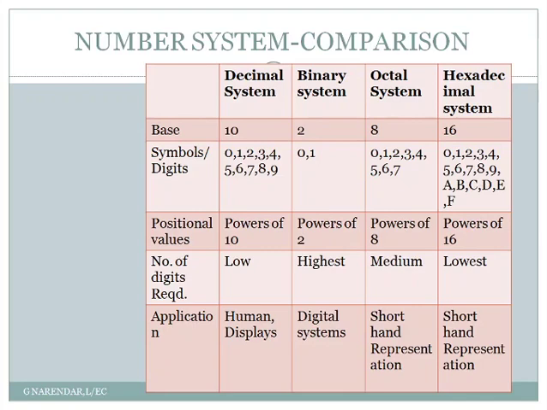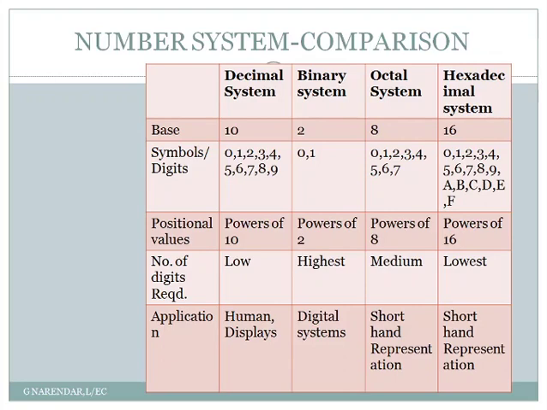And you can see how many digits are relatively required to represent a given quantity. Overall, I can say that the number system which has the highest base requires fewer digits to represent a given quantity.